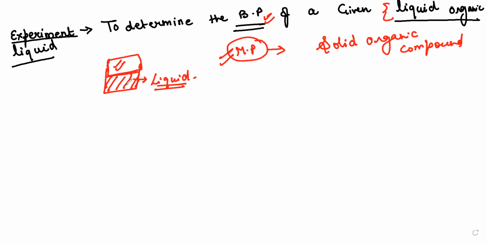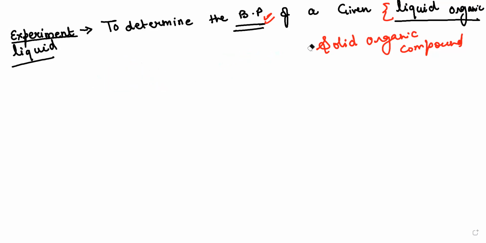So when the external or atmospheric pressure becomes equal to the vapor pressure created by this liquid, that is called the boiling point. I hope it is clear to you all.